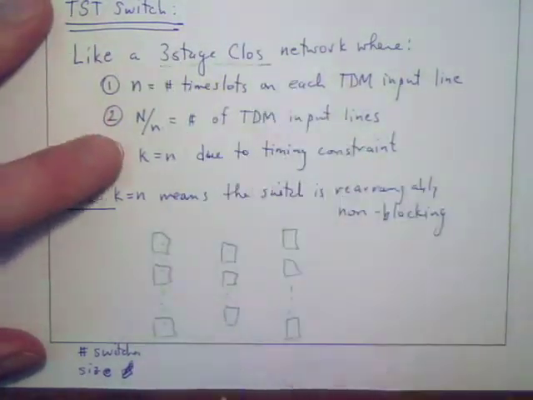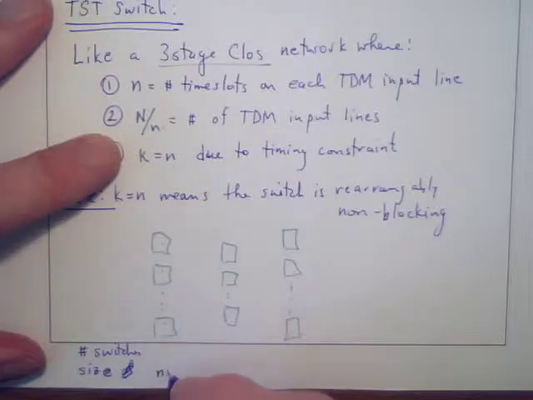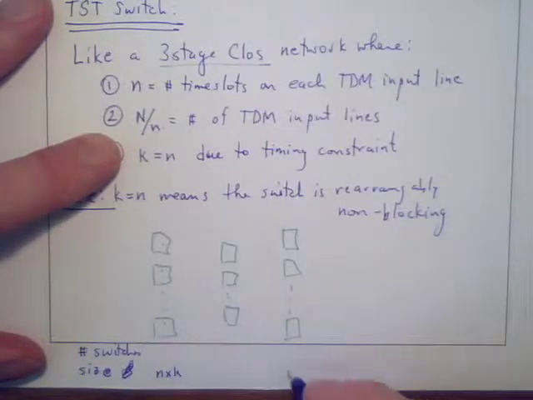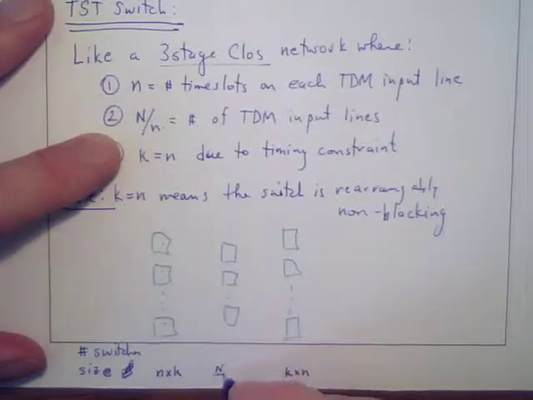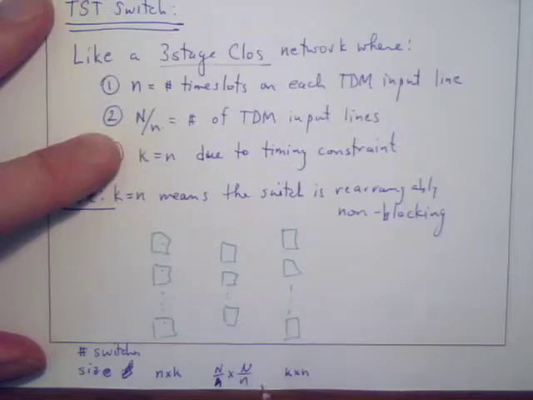And in the three-stage Clos network, we had a size of little n by k at stage 1, little k by n at stage 3, just the opposite, symmetric, and big N divided by little n by big N divided by little n at the center.